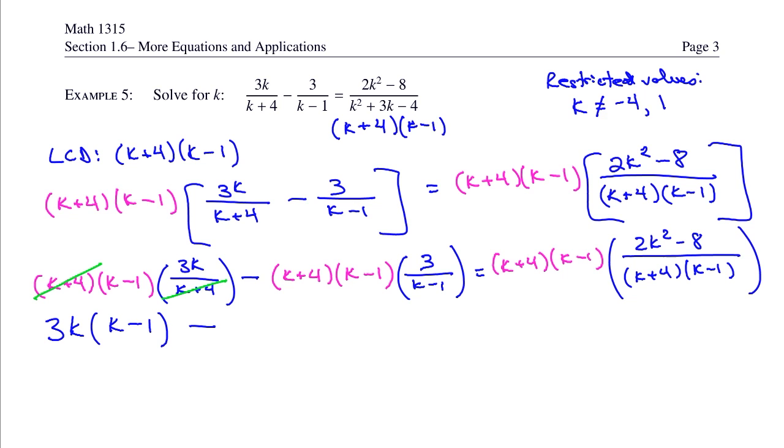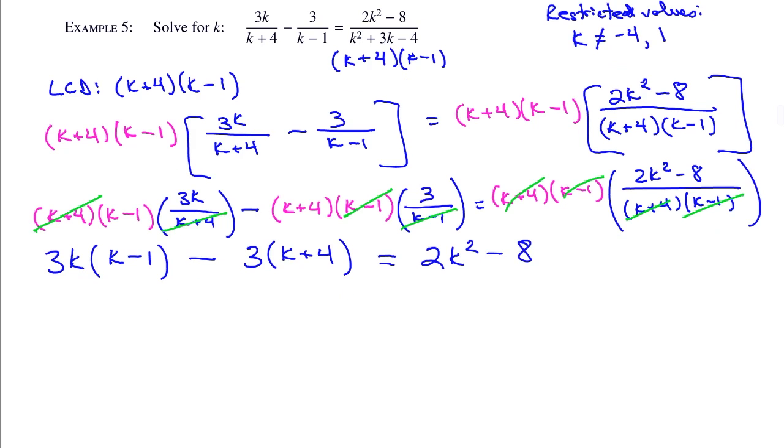Next, the k minus 1 cancels, and that leaves 3 times k plus 4 is equal to, and on the right side, both parts of the denominator cancel, and that just leaves the numerator, 2k squared minus 8. So we've gotten rid of all the denominators.